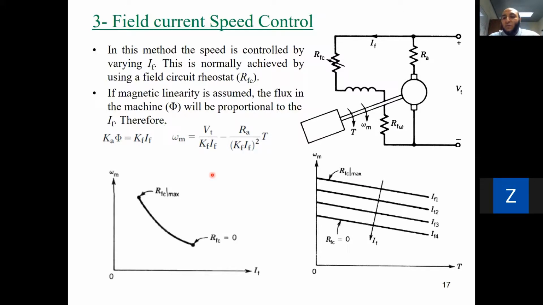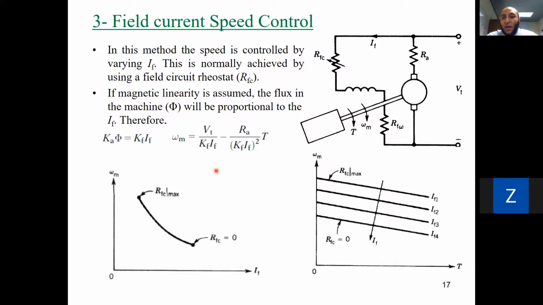But we have a limitation also for decreasing current, because we may decrease the current and the speed will be very high. If we have zero field current, theoretically the speed will be infinity. So we have some limitations for field resistance control and for voltage control as well.